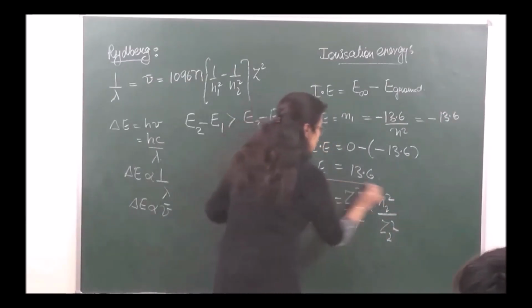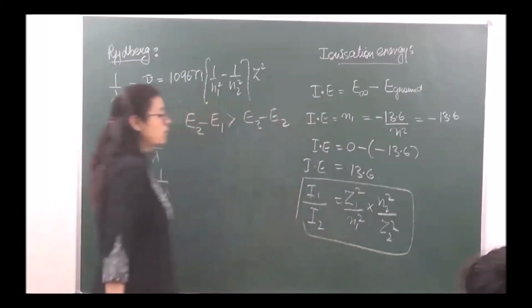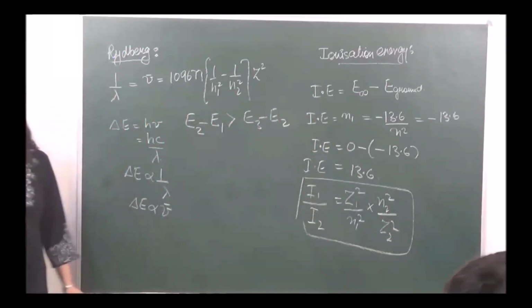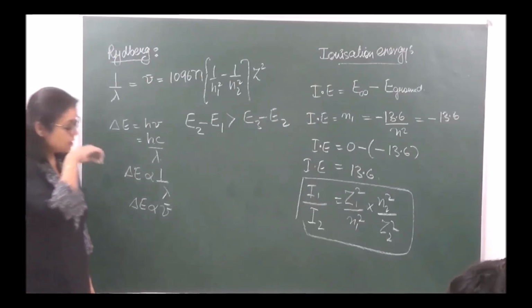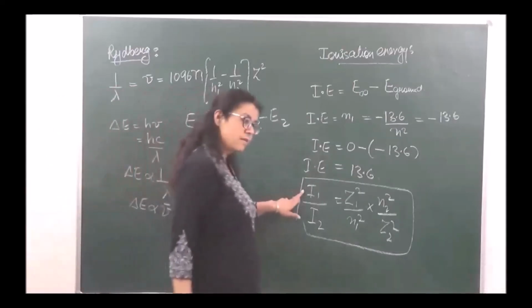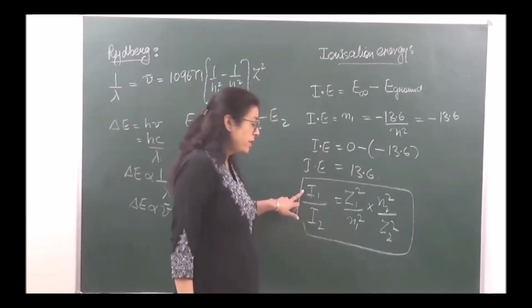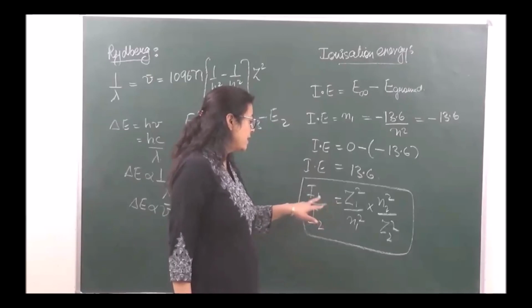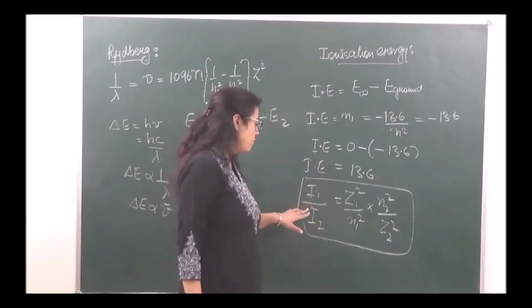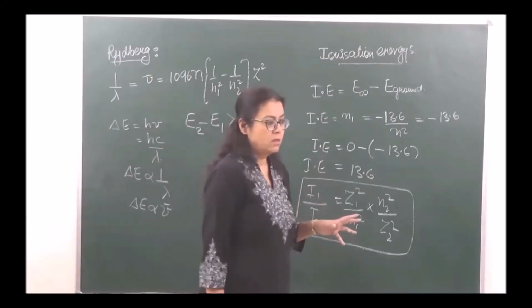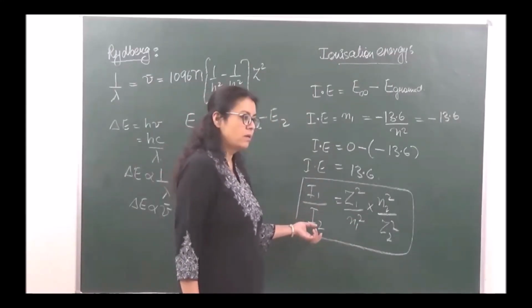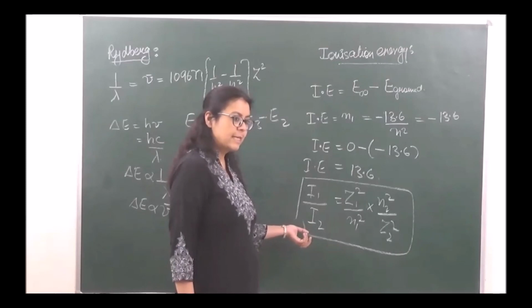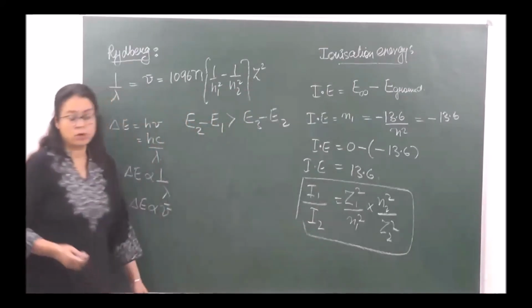This is again a very important formula. Okay, so from this, if the ionization energy of 1 is given to you, for example, they are saying calculate the ionization energy of say lithium in the second level, you can calculate by this formula. Is it clear? So this is again an important formula.